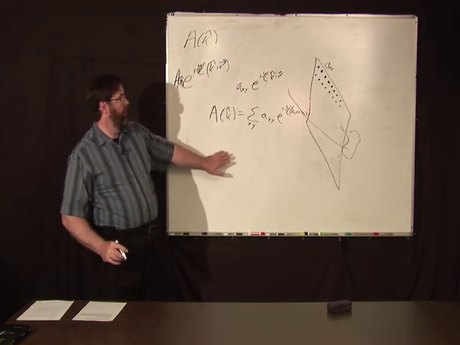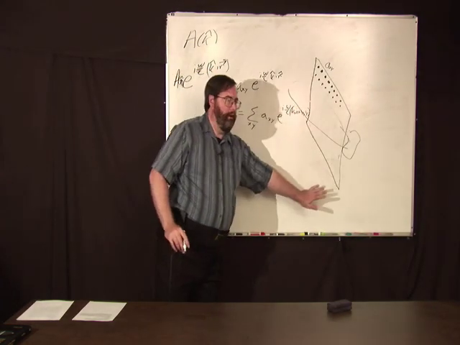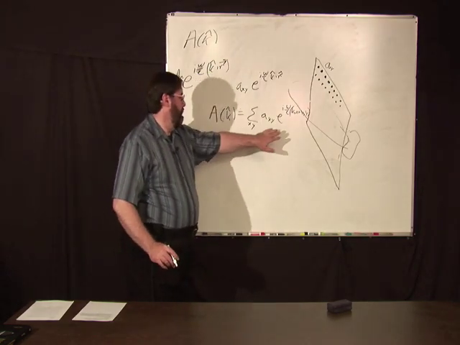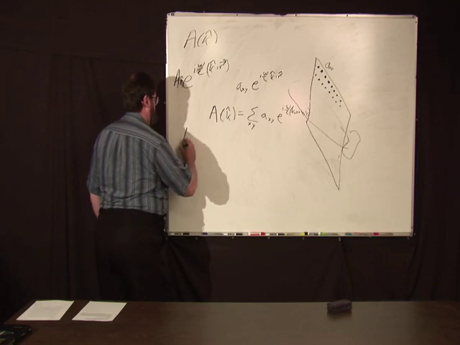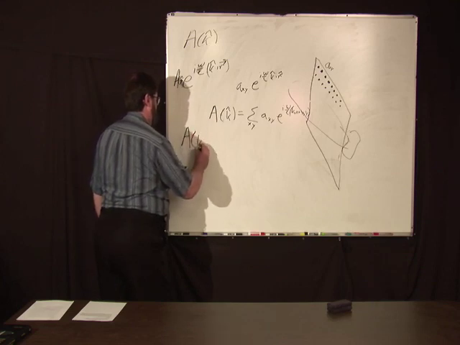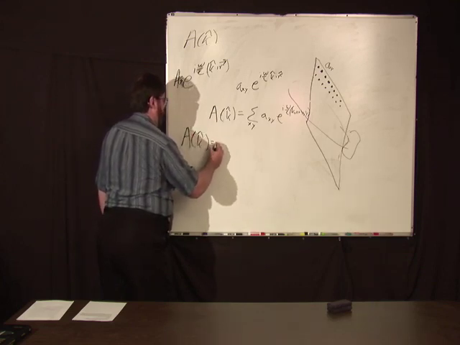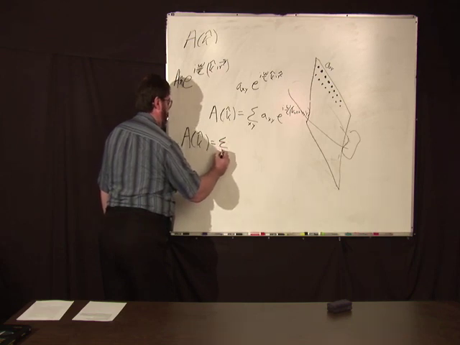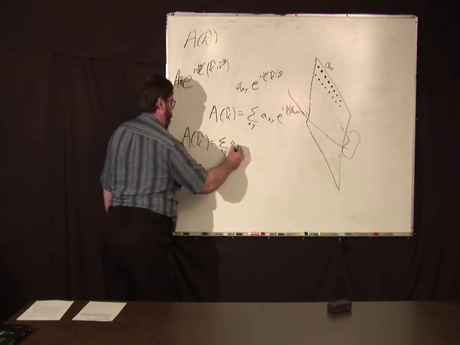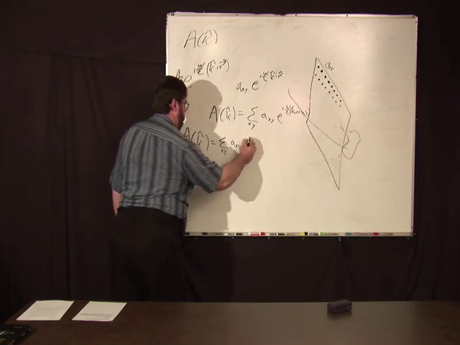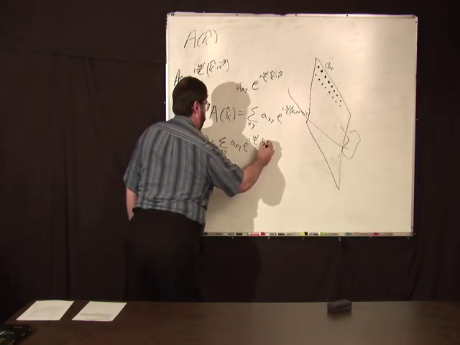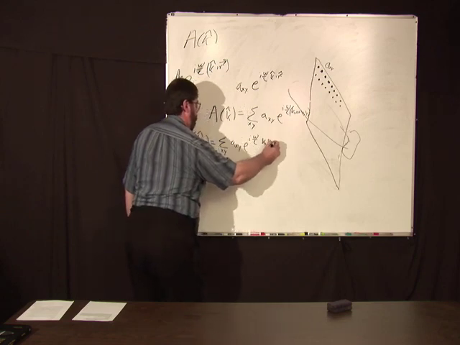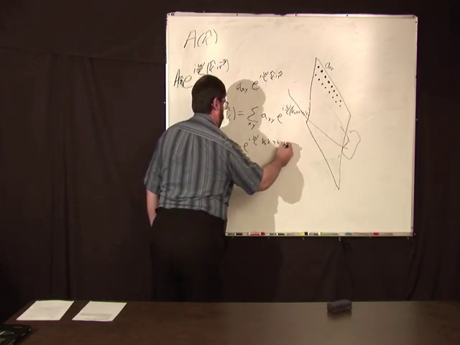So when we do this over that plane, that gives this number. Well, let me write that clearer. A of k hat equals the sum over x,y of A(x,y) e to the i omega over c (k_x x plus k_y y).